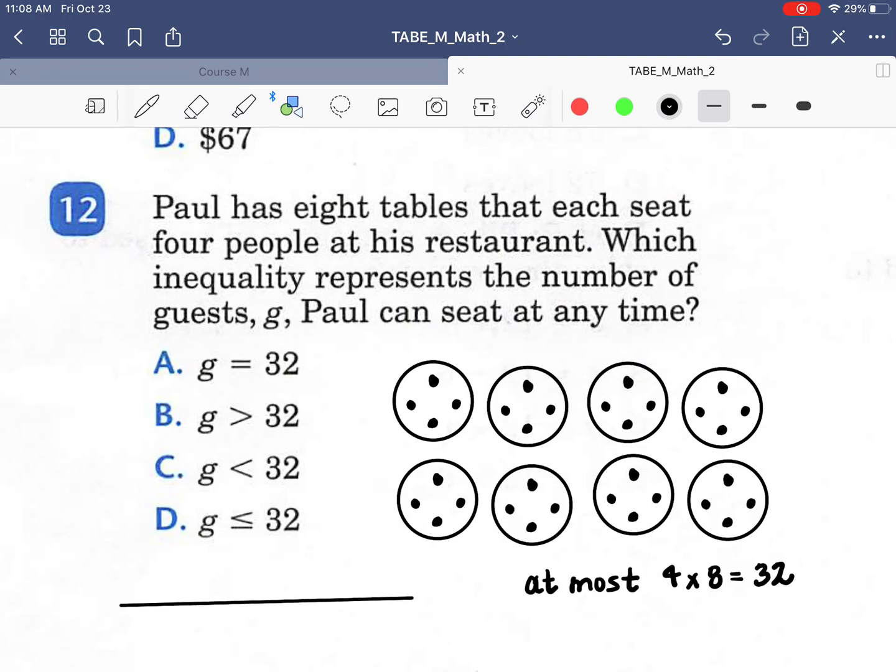He would have to seat 32 people, and we can seat 32. We've got enough seats, but he could not go over that. He would have to go less than that. So the inequality that you want is D. We can seat 32 or below 32 guests, and that's what the G is. At 32 or below.